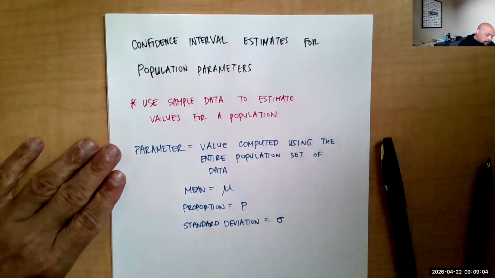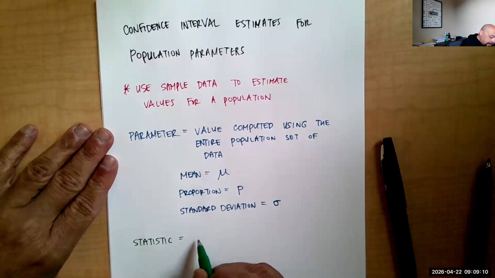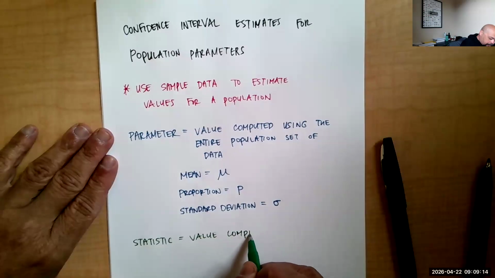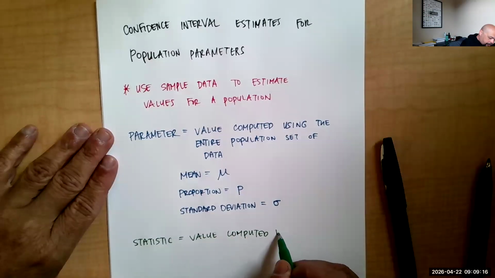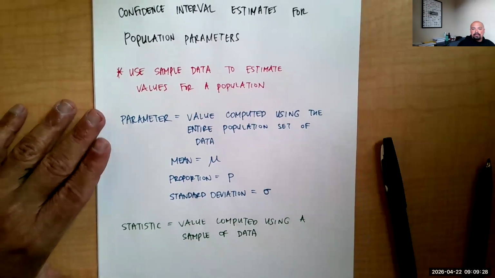And then for our sample information, that's when we start talking about having a statistic. So a statistic is a value computed using a sample of data, having that sample taken from our population, of course.